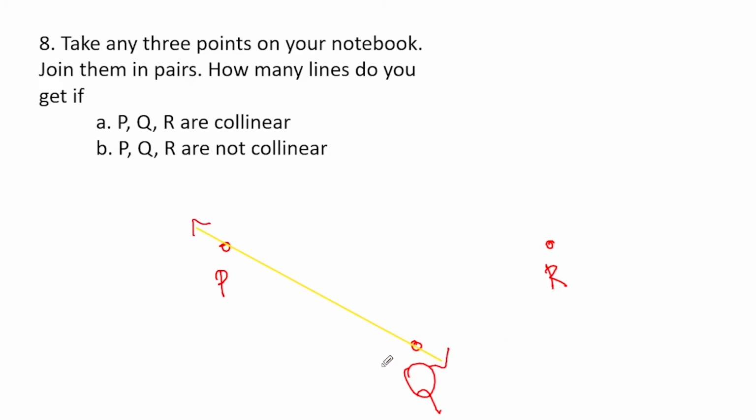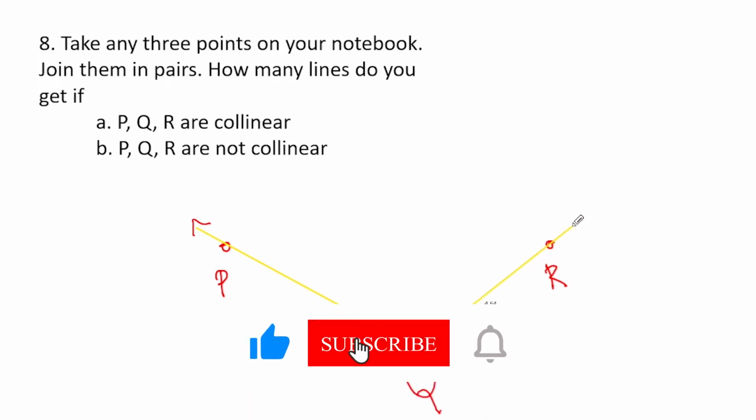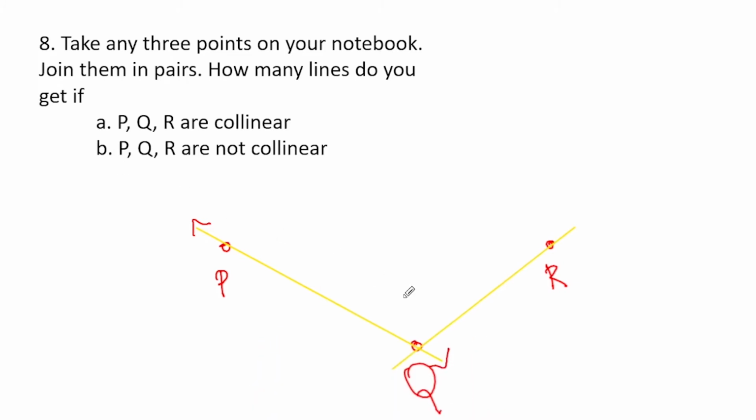Then I can get another line. Let's draw the arrows. Now I can get another line. Can I get more lines? No, I cannot get more lines. So the answer for the B bit is 3.